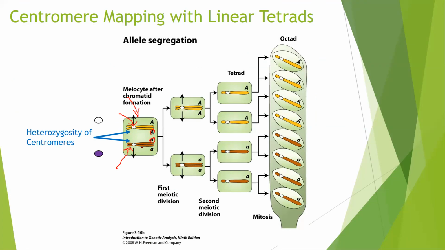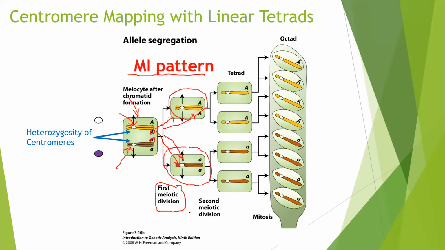Now let's look at the first meiotic division. Because there's no crossover, this will end up into 2 different daughter cells, right? So we did see the segregation between big A and the small a, because big A goes to one cell, and small a goes to another cell. So this means the two alleles segregate at the M1 stage, the first meiotic stage, right?